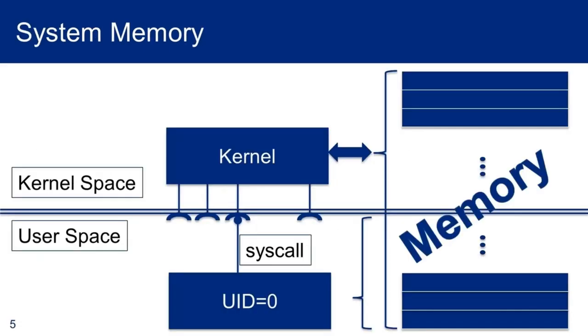This is a diagram that shows the kernel has access to all the memory, while a user, even UID 0, does not. The kernel exposes the syscall interface to user space, and the system calls ask the kernel to provide the service through the interface. You will see this picture again when we talk about hooks into the kernel.